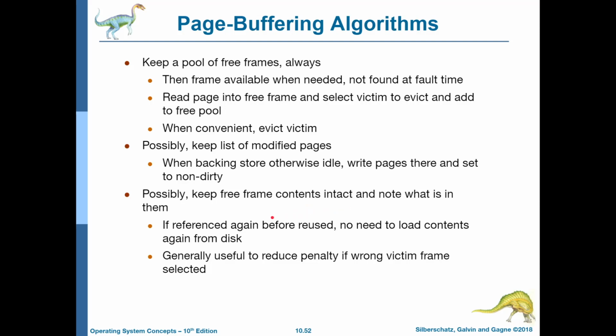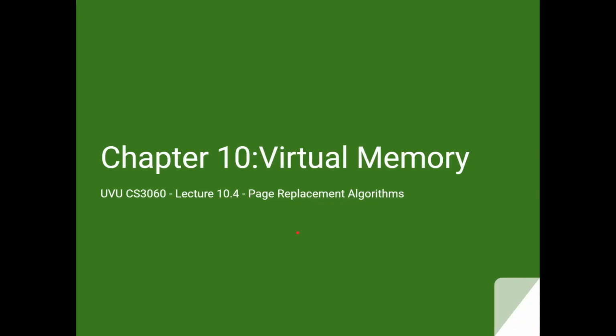Whenever a frame is freed, such as for this pool of free frames, even though it's freed, its data may still be there, and we could reuse that as necessary. This brings us to the end of Lecture 10.4, where we discuss various page replacement algorithms.